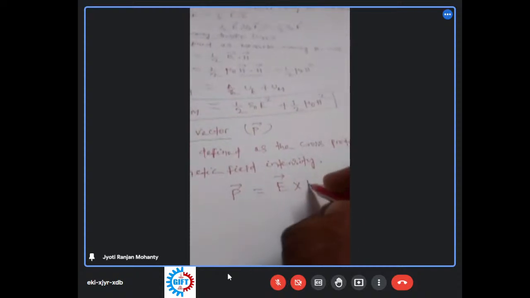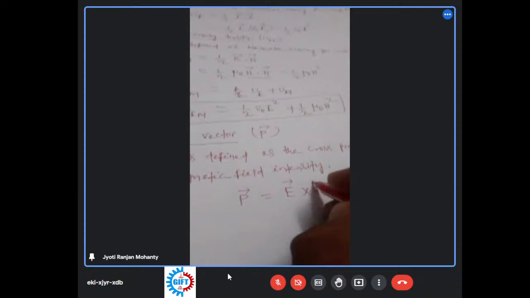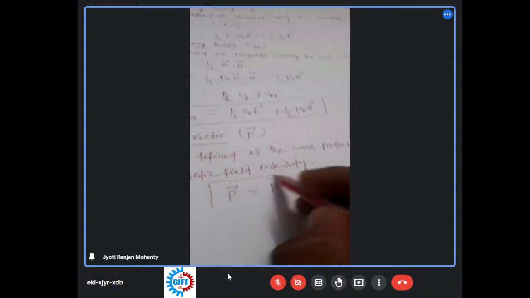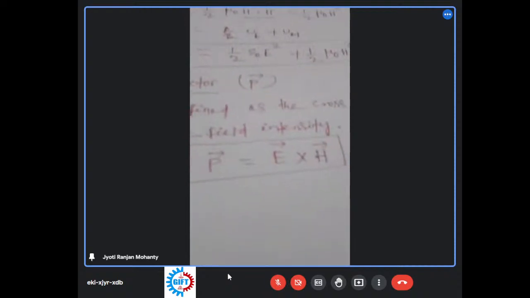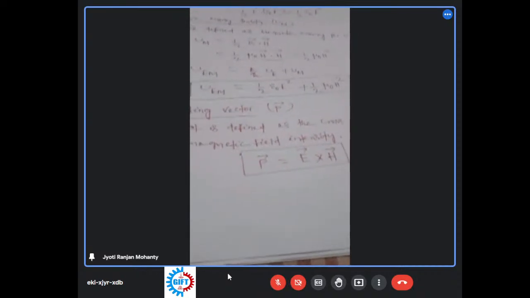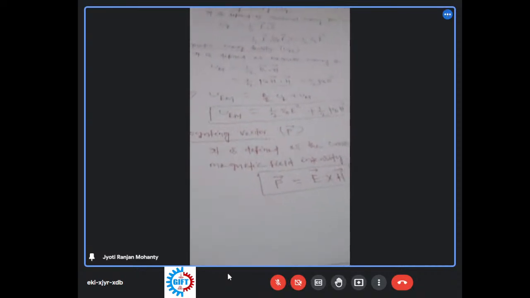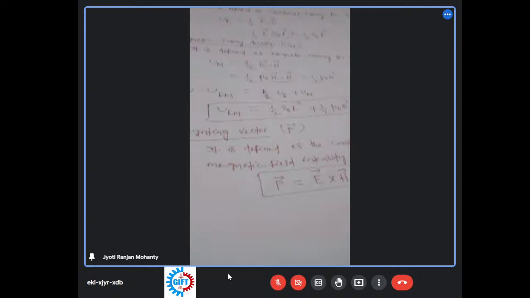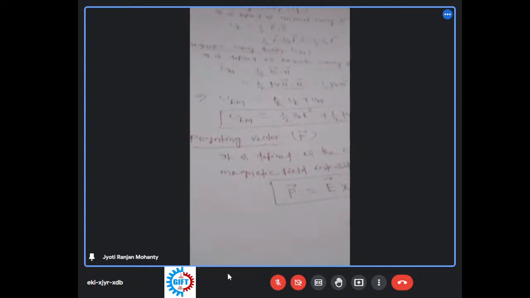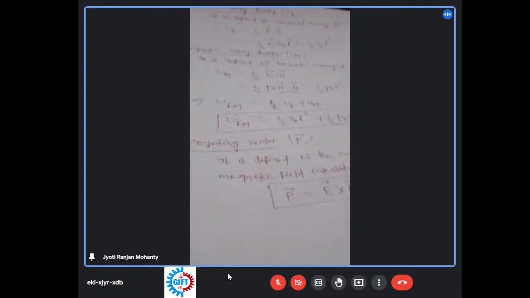You have to remember the pointing vector is equal to E vector cross H vector. E for electric field, H for magnetic field intensity. This is the first definition.